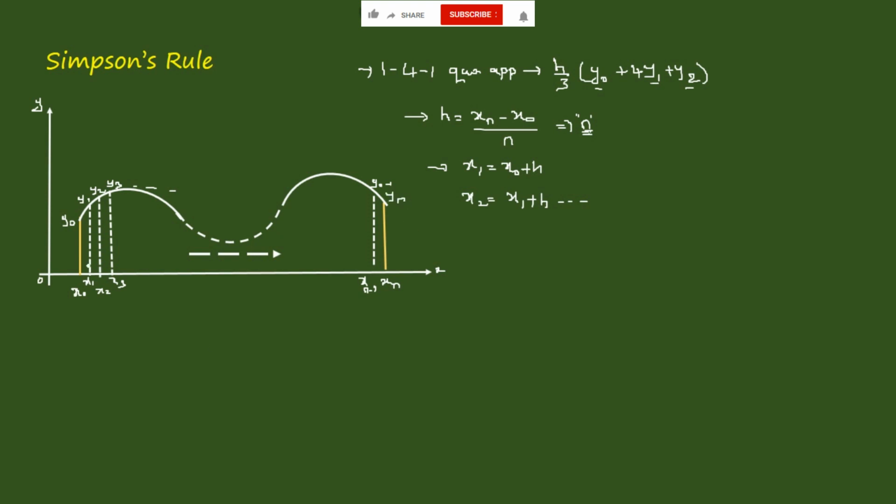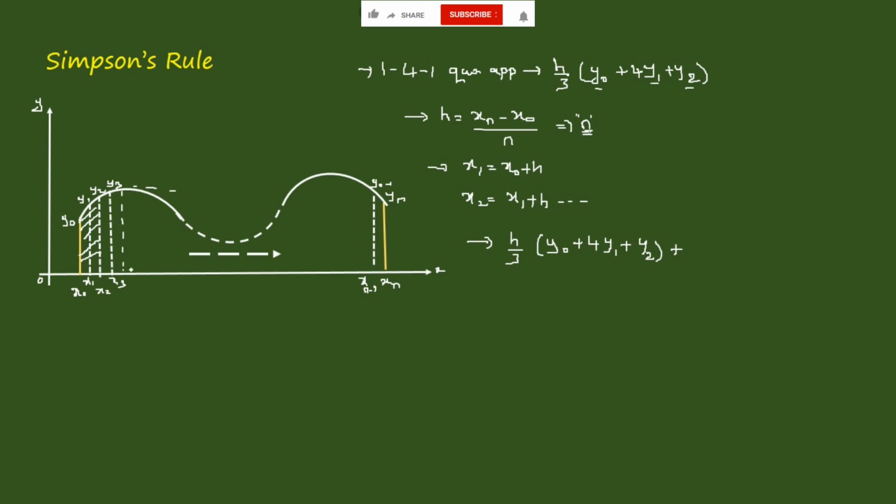For this, first we define the area of any three terms. Then we get the formula as h by 3 into y0 plus 4 times y1 plus y2, plus, again we find it for the next three terms.